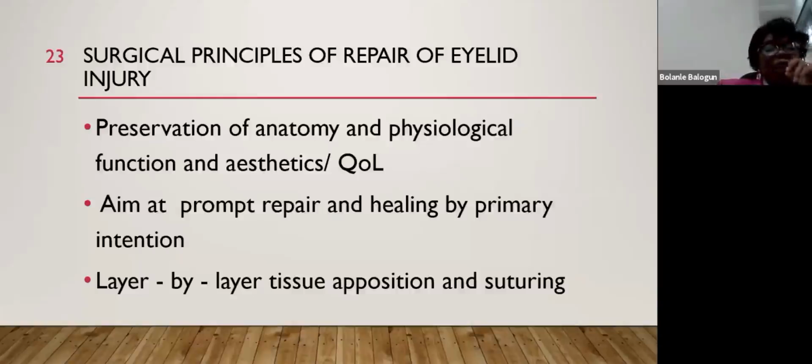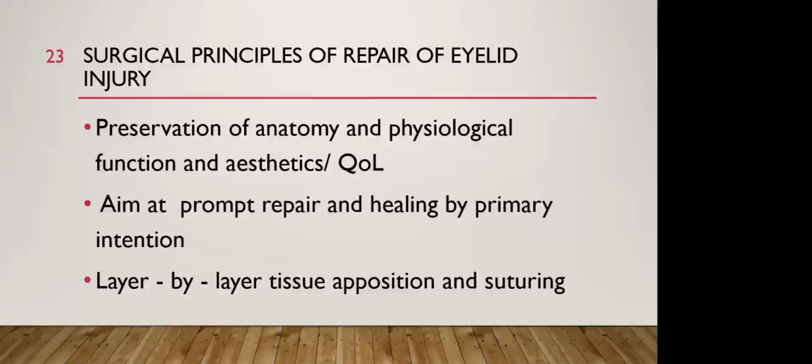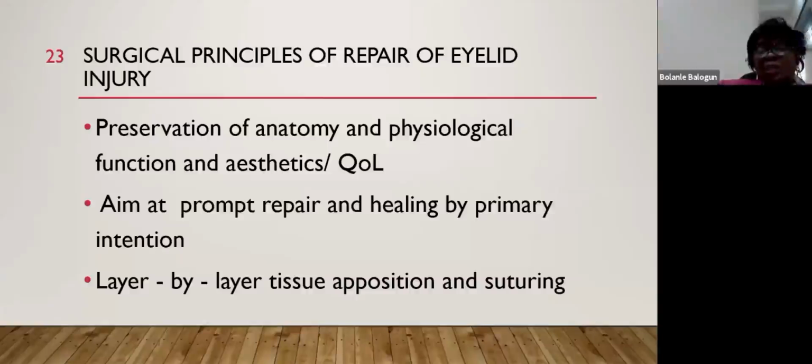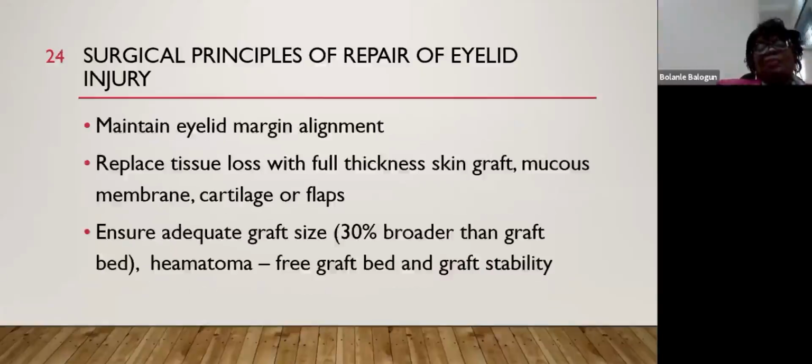So if we are all able to do this procedure properly, it's then our duty to teach whoever we come across as doctors to be able to do this suturing, especially the medical, the general physicians, because that's where the patients get to first. Another key factor is maintaining the eyelid margin alignment.